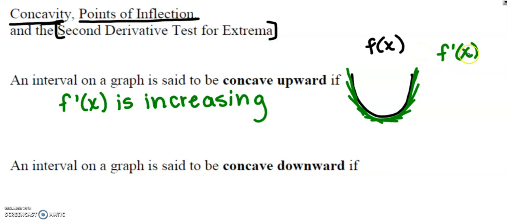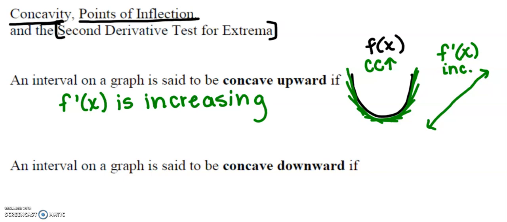Which means that if I were to graph f prime, I would have negative numbers through 0, continuing on, positive. So f of x is concave up. I only use that abbreviation when I'm taking quick notes. You should write out concave up when f prime of x is increasing.